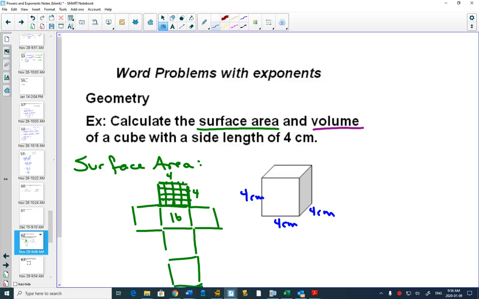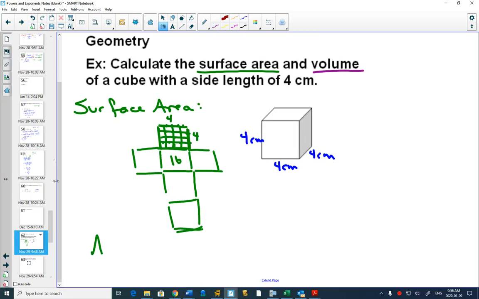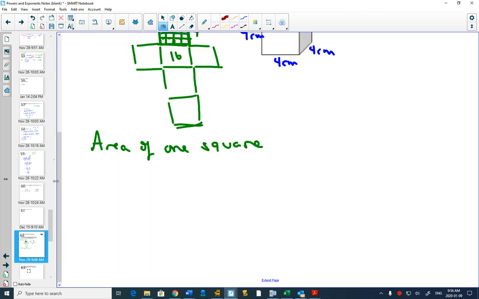So if you wanted to write out here underneath area of one square, and it's not a bad idea to write out the formula from your formula sheet, area is length times width. Well, both the length and the width are 4, 16, and when we write area, they're centimeters squared because you're counting how many squares it takes to cover the whole thing.